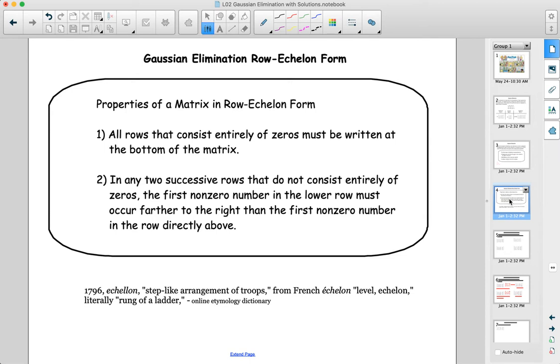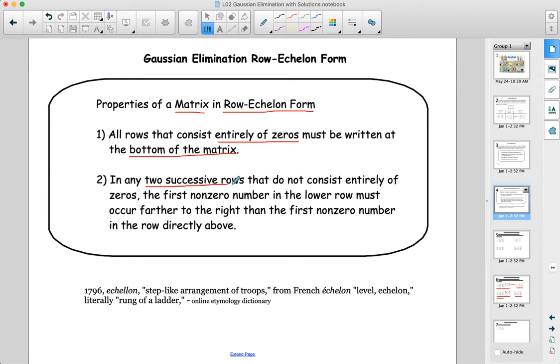Before we get there, I just need to do some definition type stuff, because what we're going to be after is row echelon form. Now, what does row echelon form mean if we're talking about a matrix? All rows that consist entirely of zeros get written at the bottom of the matrix. That one's easy to understand. And this one might be a bit more challenging.